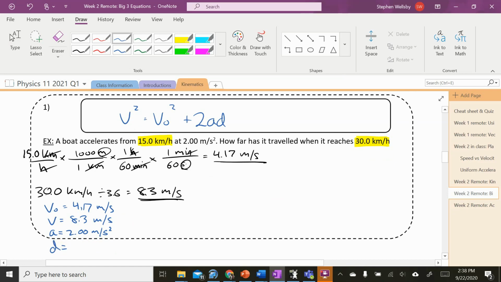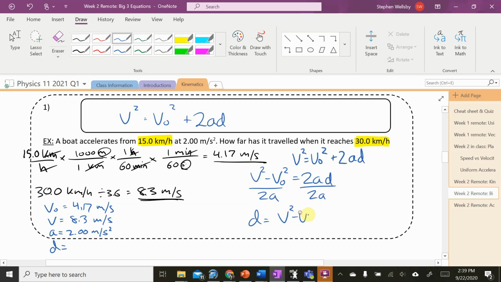Well, let's rearrange our equation first. I know our equation is v squared equals v naught squared plus 2ad. If I subtract v naught squared from both sides, then I have v squared minus v naught squared equals 2ad, and I'm going to divide both sides by 2a, so I have d equals v squared minus v naught squared over 2a.